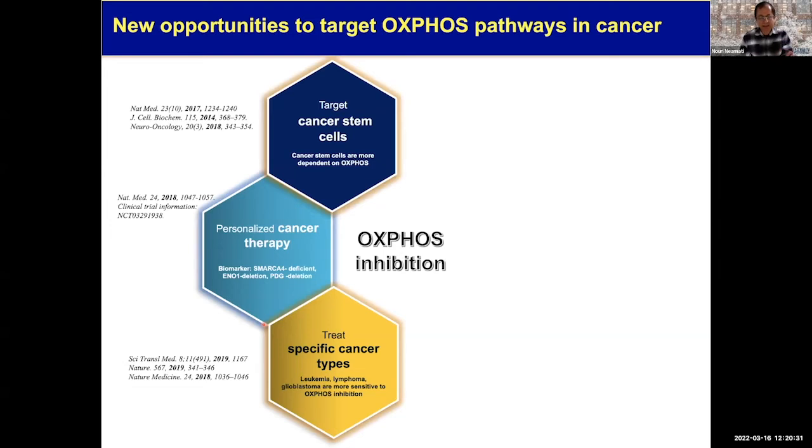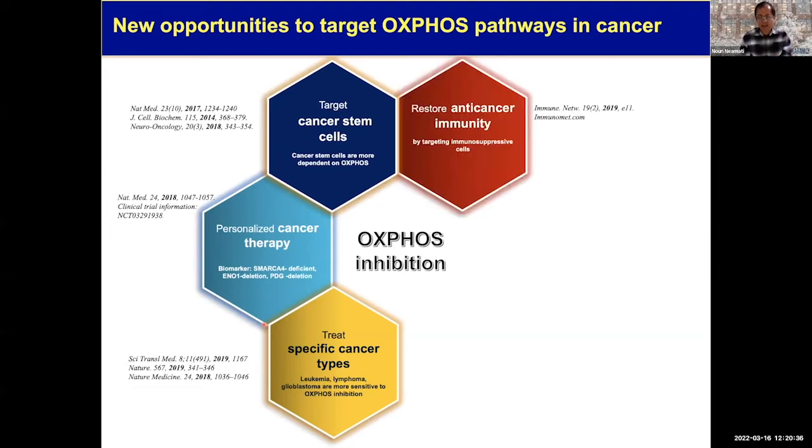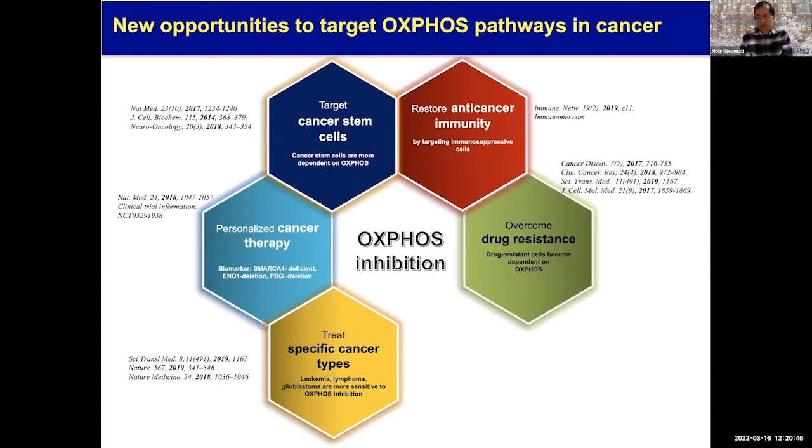And cancer stem cells are really dependent on OXPHOS. And also another way to restore anti-cancer immunity is by blocking or inhibiting OXPHOS in immunosuppressive cells. And drug-resistant cells, specifically cells that become resistant to kinase inhibitors, they are becoming dependent on OXPHOS.